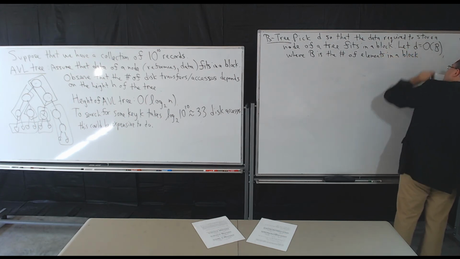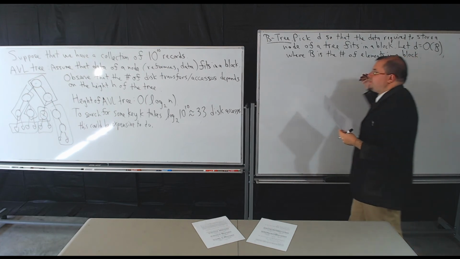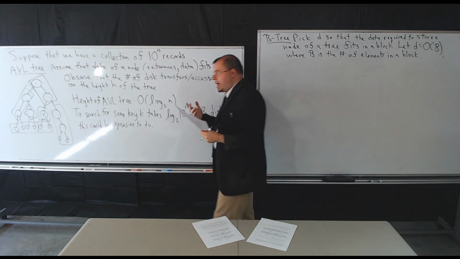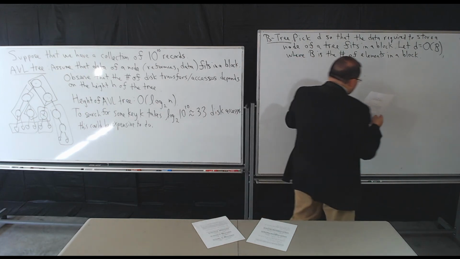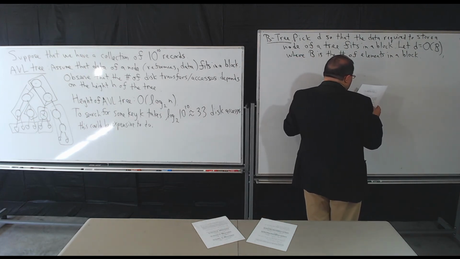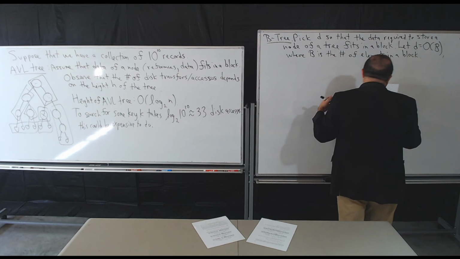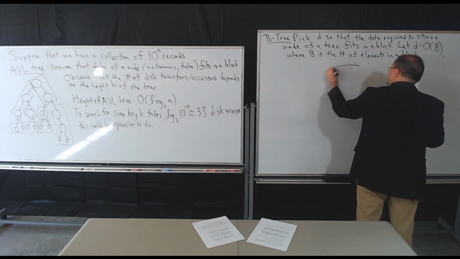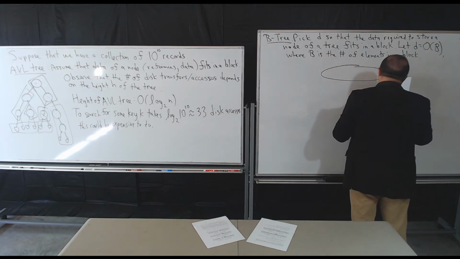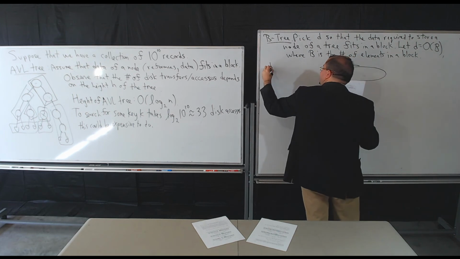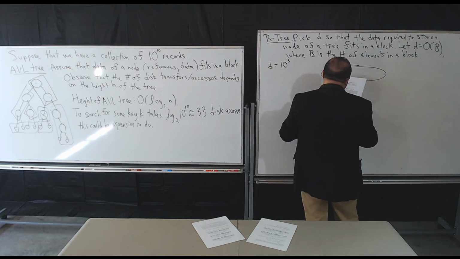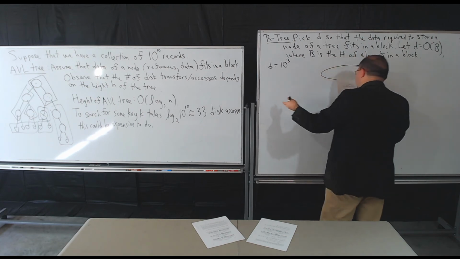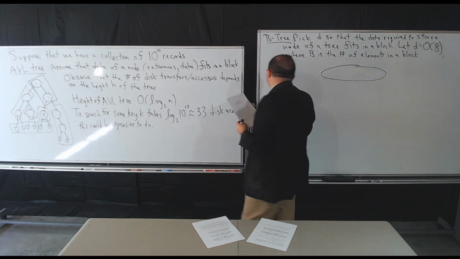So as long as you make sure that D is sufficient so that it fits in the block, you're okay. So when we have this in play, I want to show you what we could do. So I'm going to draw out a B tree. I'm going to assume that I could fit it so that D is equal to 10 cubed. So the order of this tree is 10 cubed.